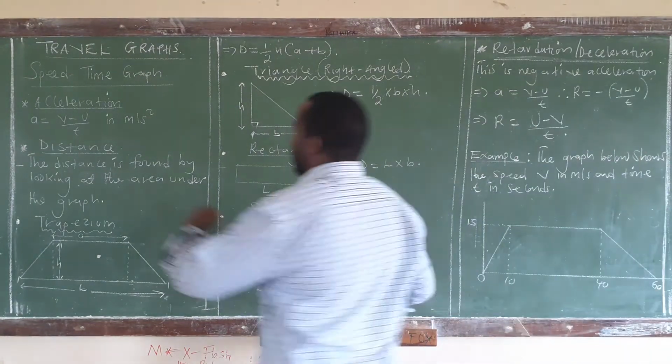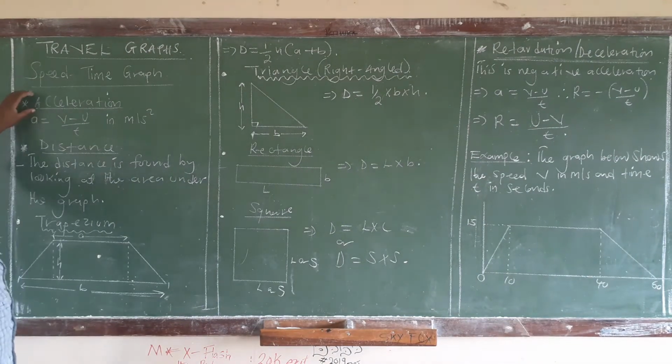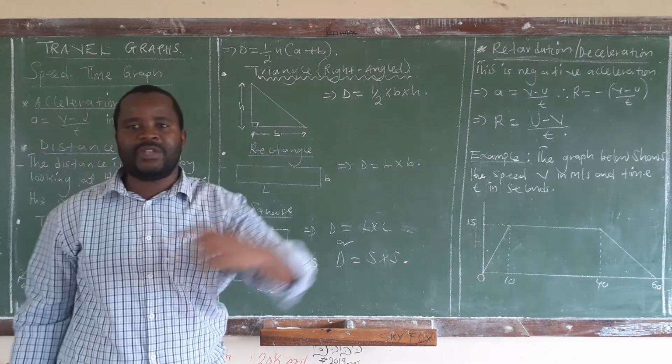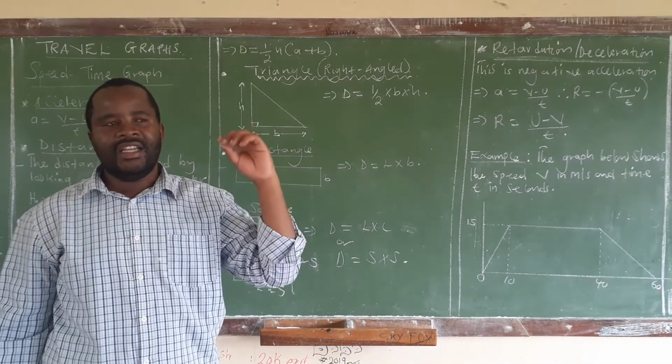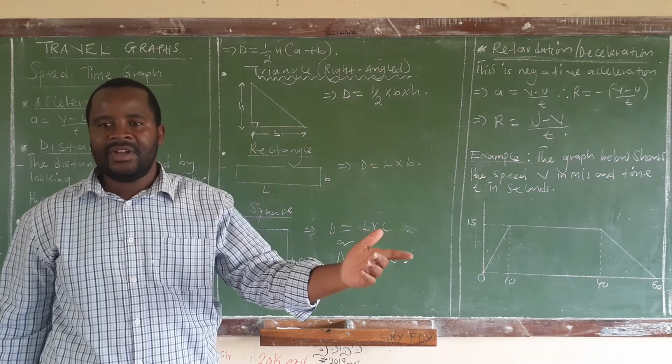Alright, now the first point is acceleration. Now, acceleration simply means the rate of change of velocity with respect to time. The rate of change of velocity with respect to time.